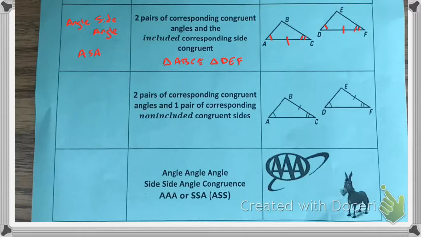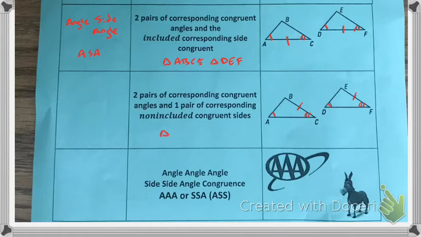Next one, two pairs of corresponding congruent angles, so angle A and C, D and F, same ones again, and a non-included side, so in this case side BD and side EF.